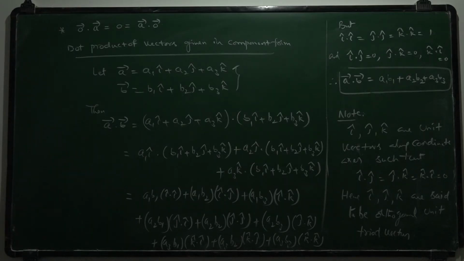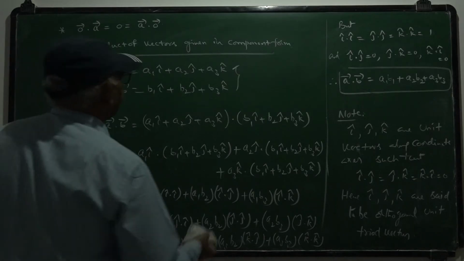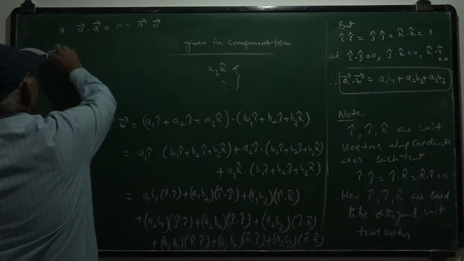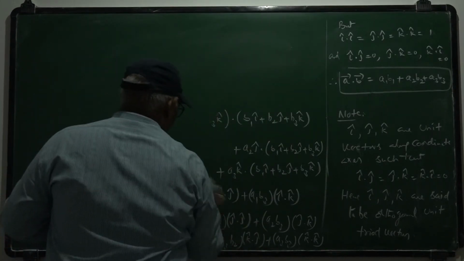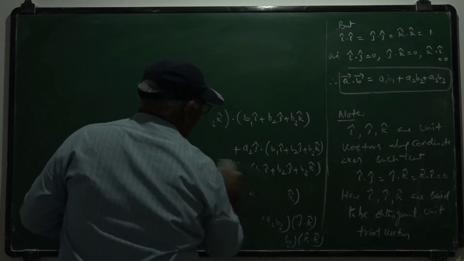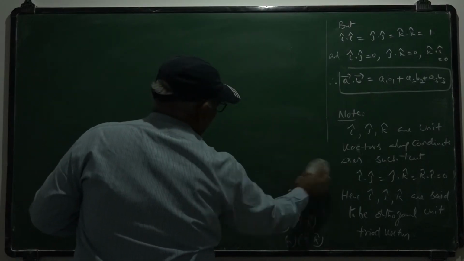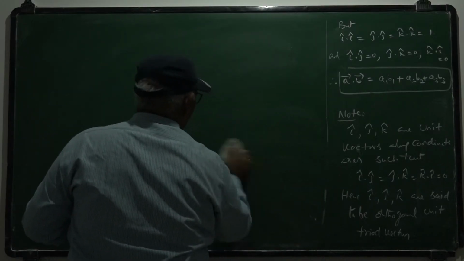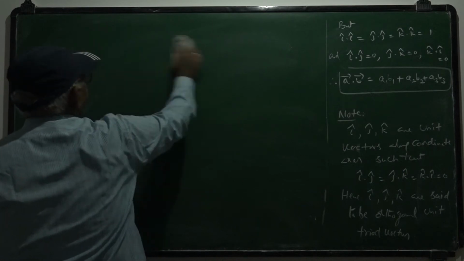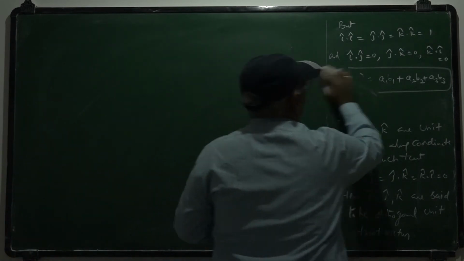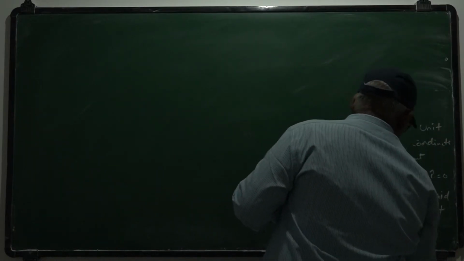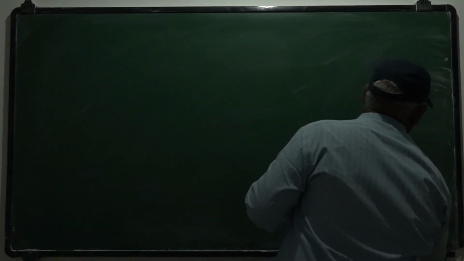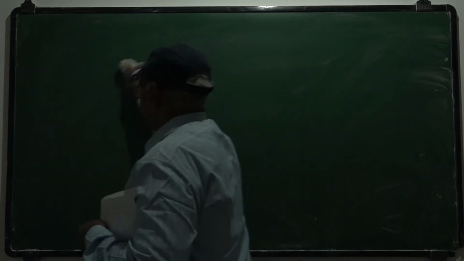Triad means three vectors. This is the dot product of vectors given in IJK form, that means component form.